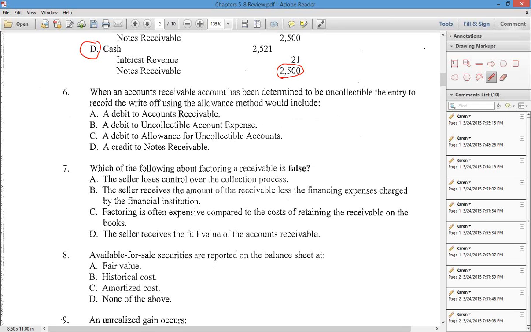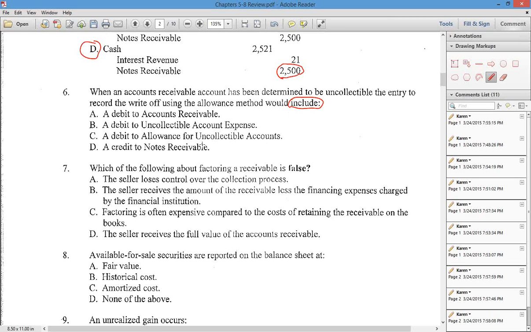When an account receivable account has been determined to be uncollectible, the entry to record the write-off using the allowance method would include.